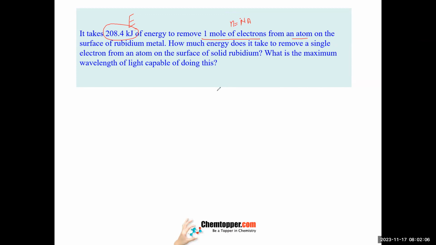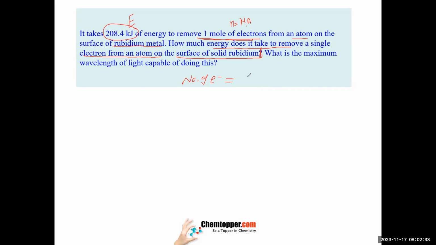From an atom on the surface of rubidium metal, how much energy does it take to remove a single electron from the atom on the surface of rubidium? This is a very simple question. How many electrons are we removing? 1 mole. So the number of electrons is Avogadro's number.